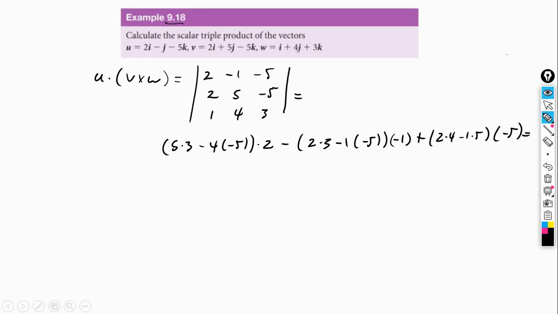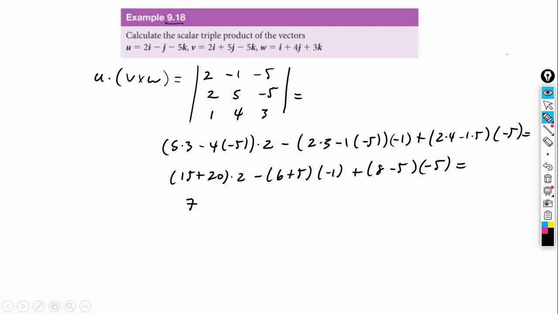So then from here we're going to get 15 plus 20 times 2 minus 6 plus 5 times -1 plus 8 minus 5 times -5. And this is going to give us 70 plus 11 minus 15, which equals 66.